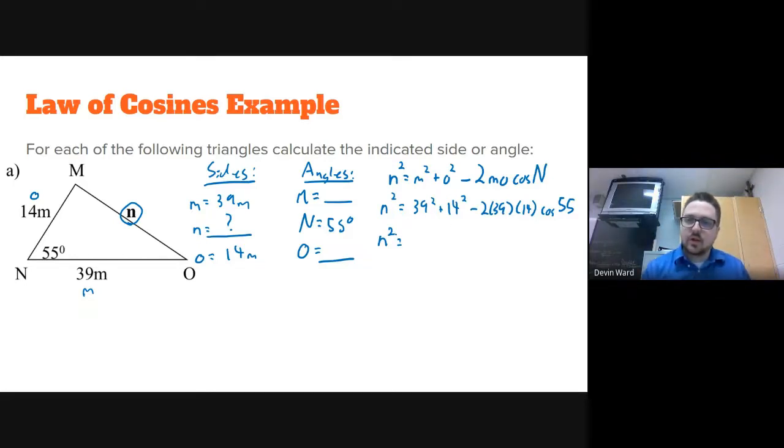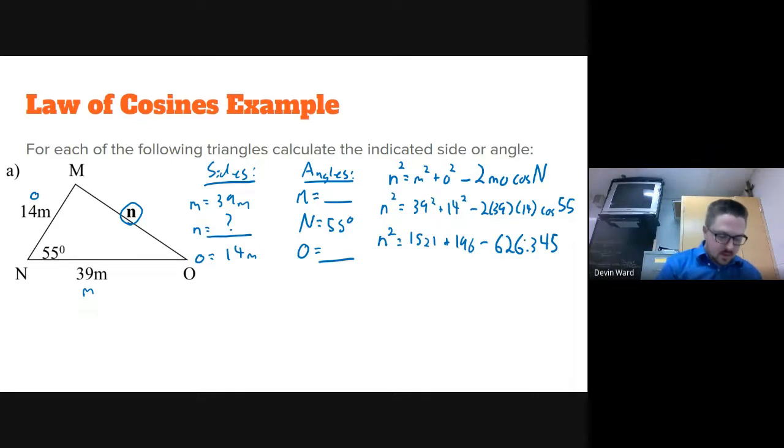If you want to do this all in your calculator at once, you can. I'll do it step by step for those who need it. 14 squared is 196, minus. Okay, if you type this all into your calculator, it'll go at once. So 2 times 39 times 14 times the cosine of 55 is 626.35.